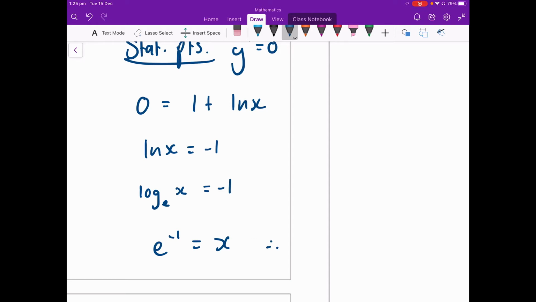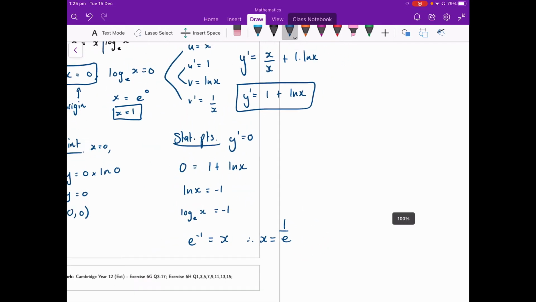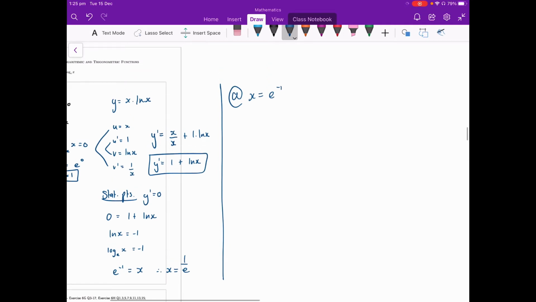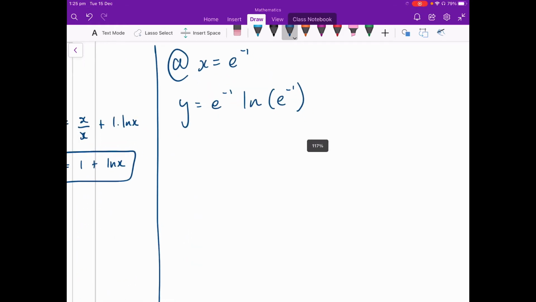Therefore, I'm going to have a stationary point at x is 1 on e, or e to the negative 1. Now, to find the y coordinate, at x is equal to e to the negative 1, I'm going to sub that into the original.